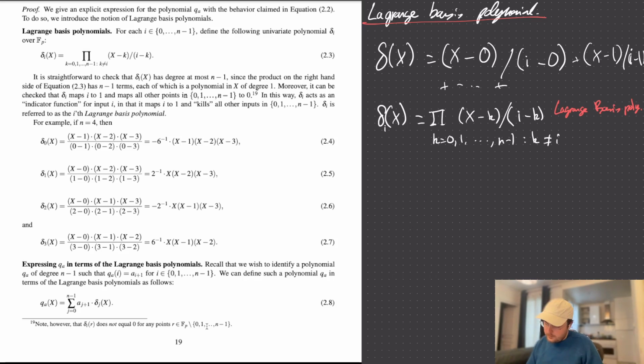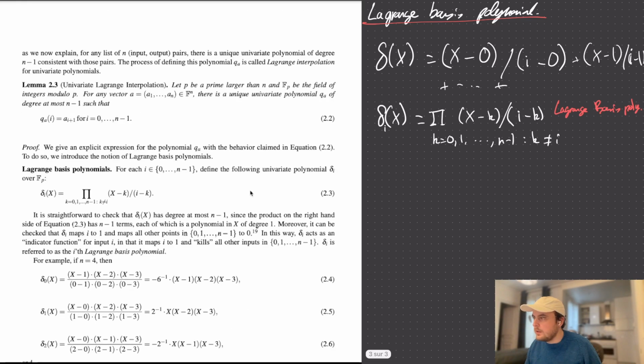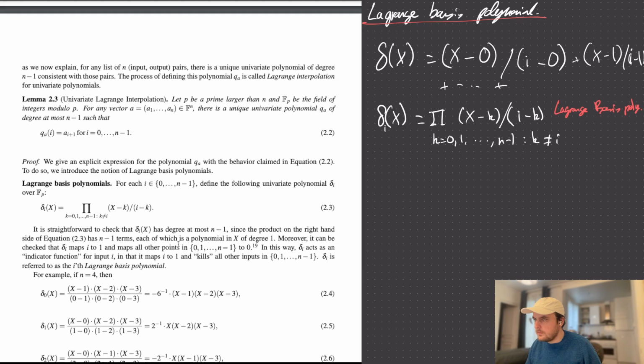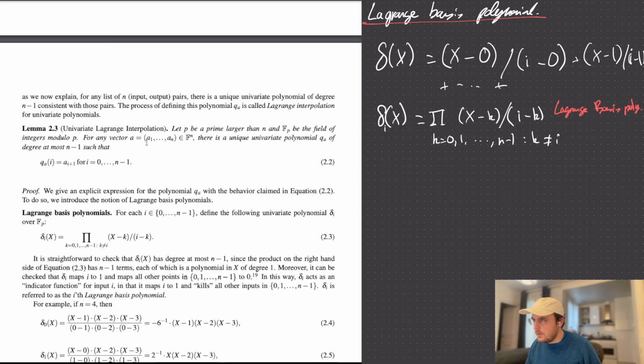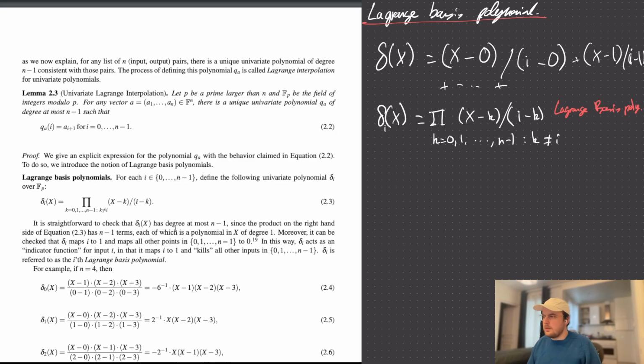But let's try, like, delta of 4 modulo... okay, so n will be... what's I here? Okay, that's the inputs. Let's try to understand it by doing it.